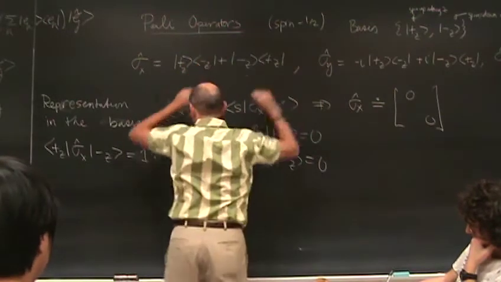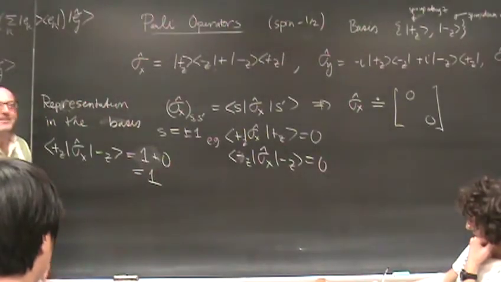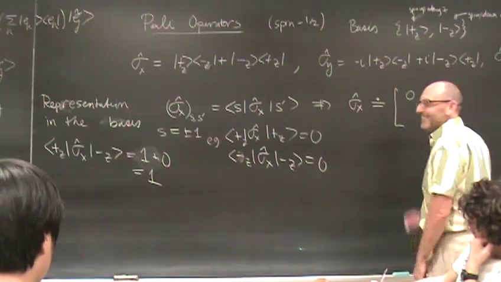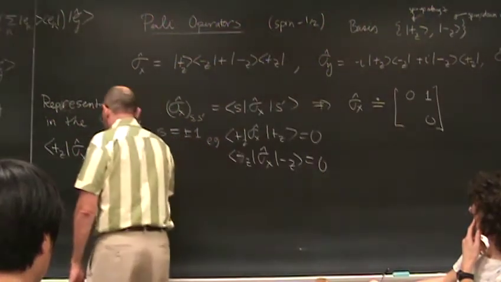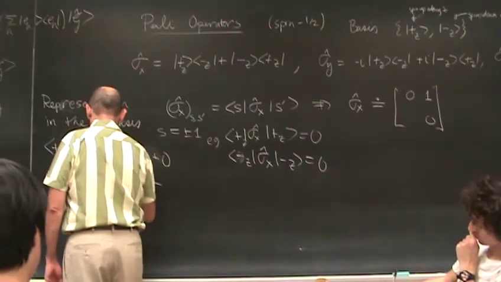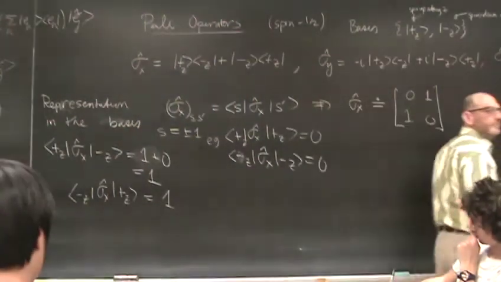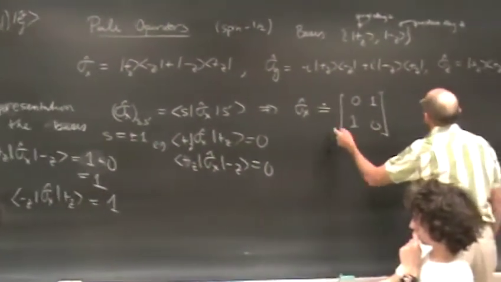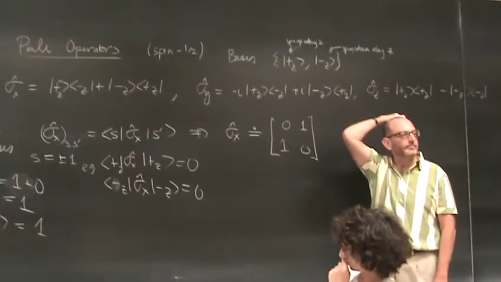What is that? 0. So this matrix element is 1. And similarly, the other guy. Okay. So that's the matrix representation of sigma x in the basis of spin up and down along Z.